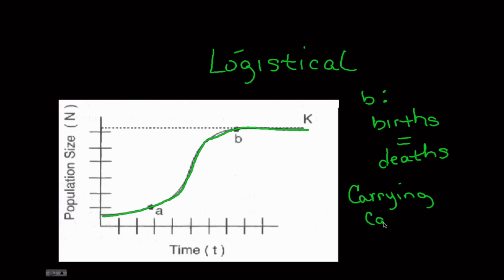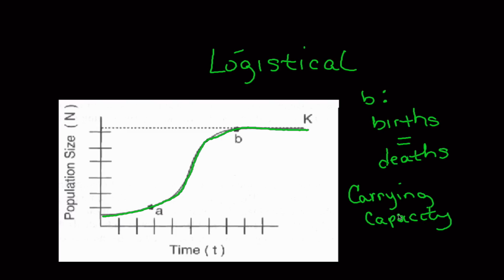And what that means is that this particular species has reached a point where it's using all of its available resources, and it can't have any more. It can't add to its population because its resources are limited. So something there is limiting the population size. It might be the amount of food that's available.